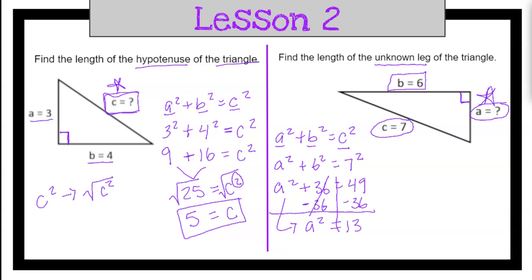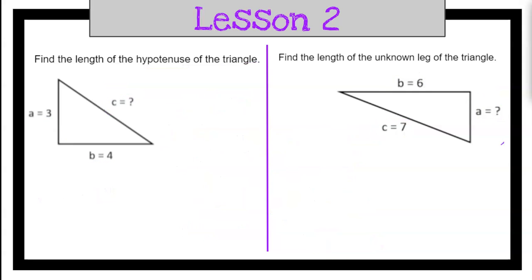So we have to undo that square with its inverse, which is the square root. Take the square root of both sides. Square root of a squared is a, equals the square root of 13. Now we can leave that as the square root of 13 because 13 is prime, so it cannot be simplified. We don't have to break it down with our prime factorization. Or if you'd like, you can get a decimal approximation.